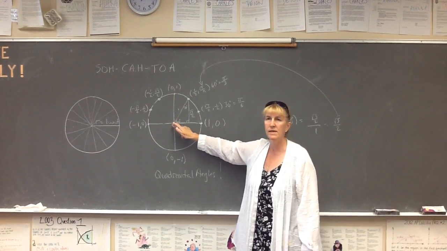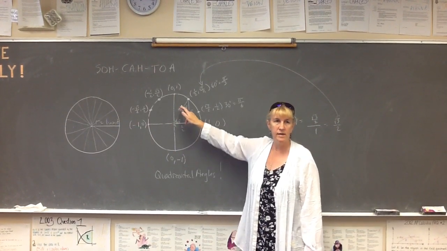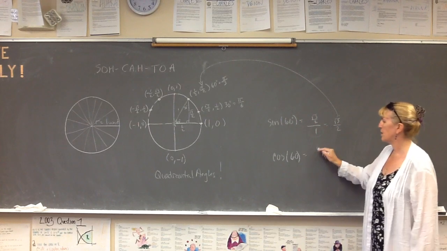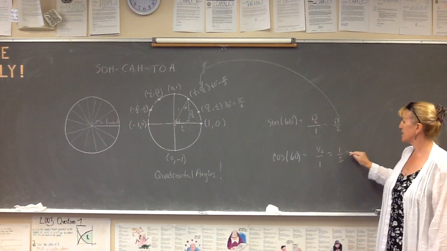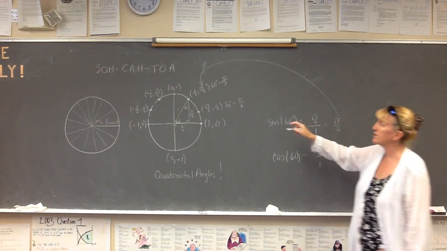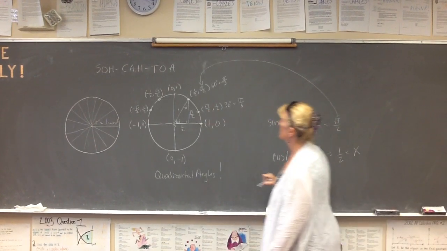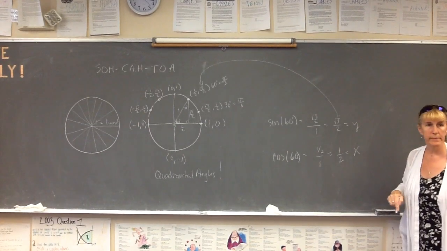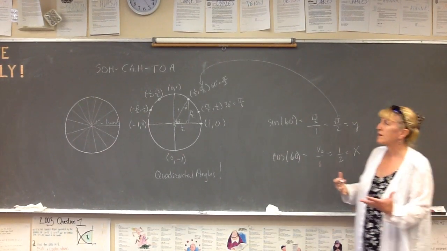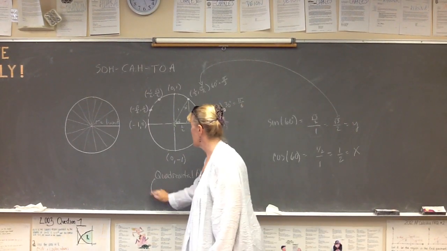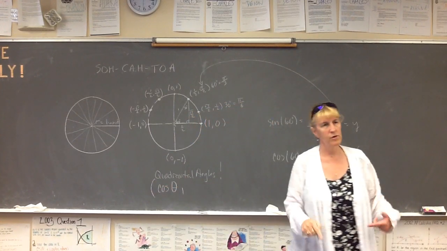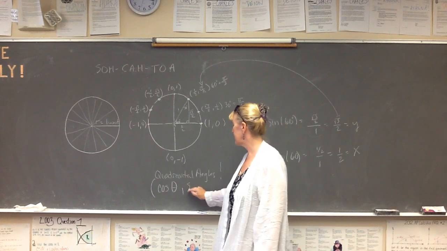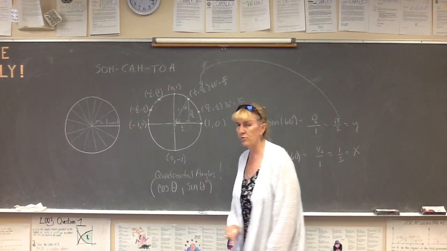Cosine compares the adjacent to the hypotenuse, which makes 1/2 compared to 1, which is just 1/2. Do you recognize that as being the x coordinate right over here? This is the y coordinate. So this is the cool thing about the unit circle. Anywhere on the unit circle, you get the cosine of the angle first as your x coordinate, and you get the sine of the angle second as your y coordinate.